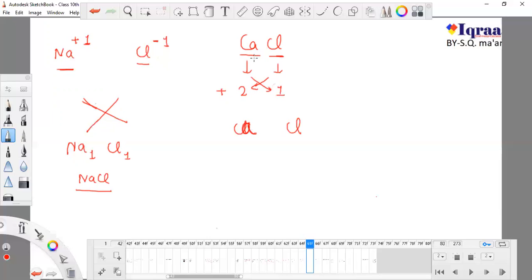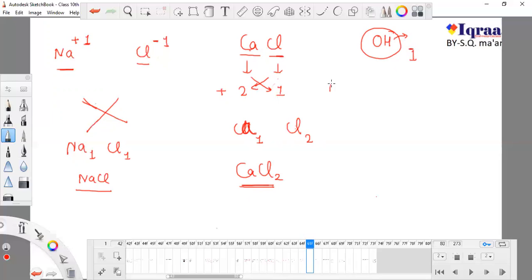So I will use 1 here and I will use 2 here. So chlorine will get the valency of calcium and calcium will get the valency of chlorine. So it will be CaCl2. Okay. Now the valency of OH, hydroxide, is 1, -1.